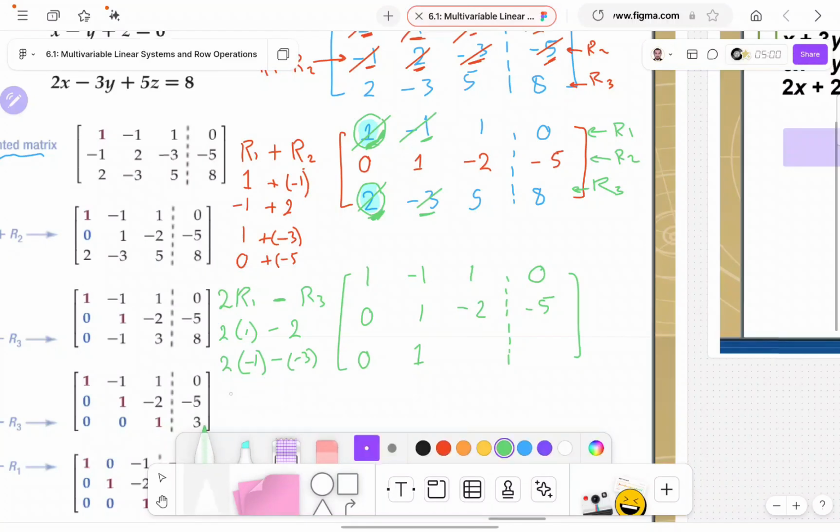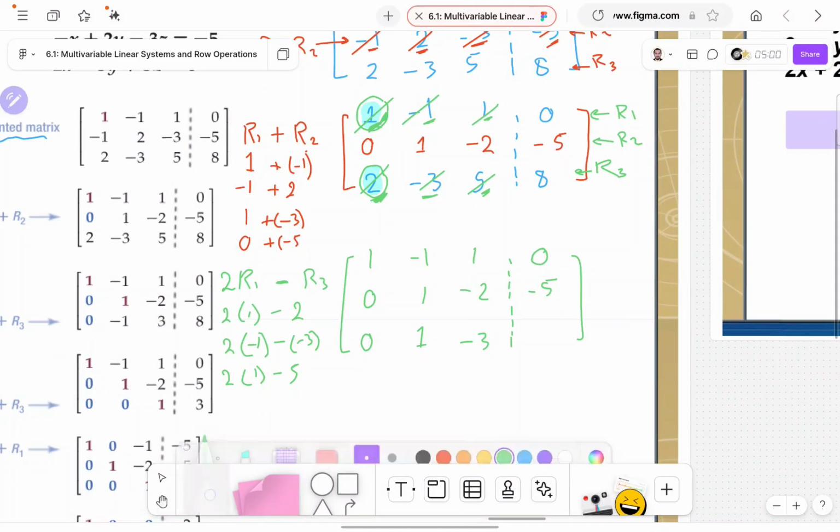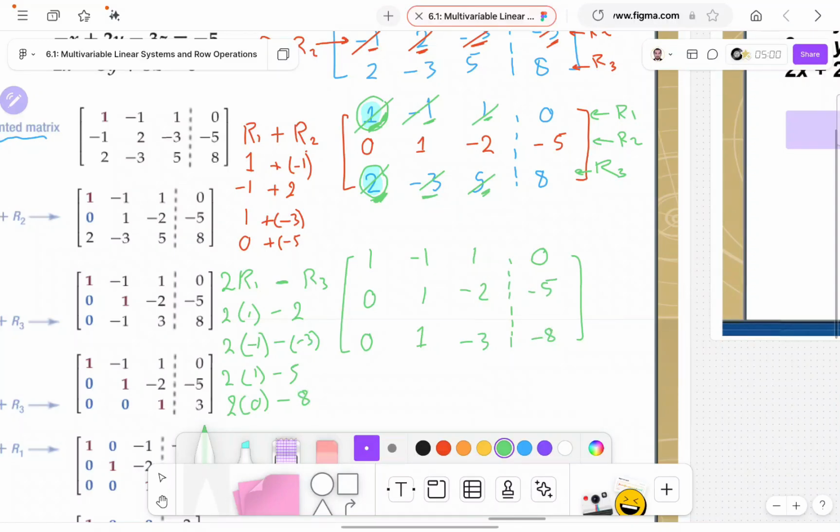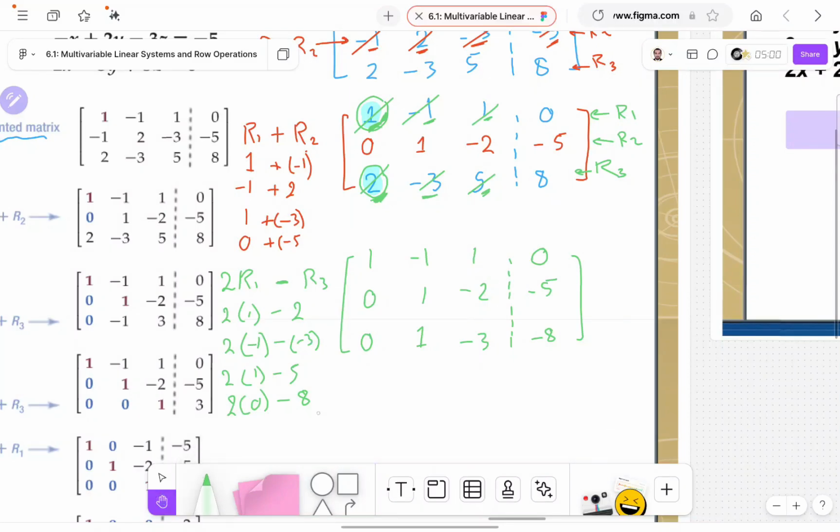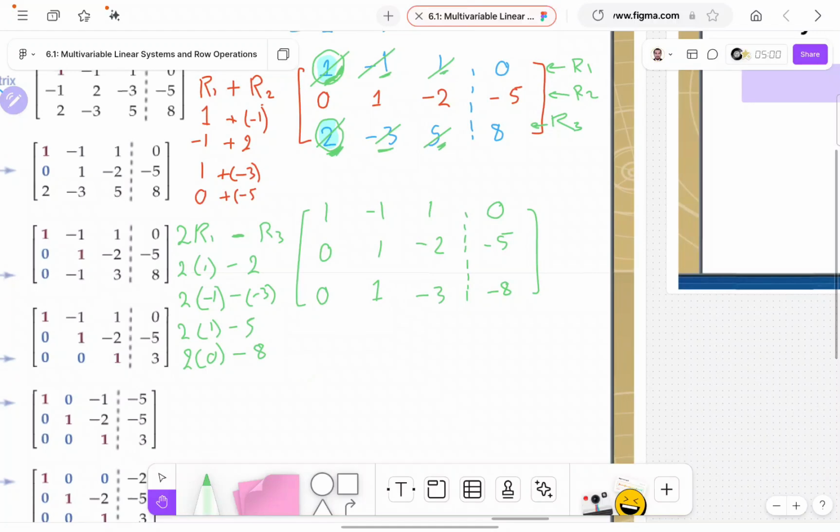Now let's continue. 2 times row 1 is 1, minus row 3 is 5. So 2 minus 5 is negative 3. Now the last one, 2 times 0 minus row 3, which is 8. So the answer is negative 8. Now we finish. So this is the new matrix after we multiply them.